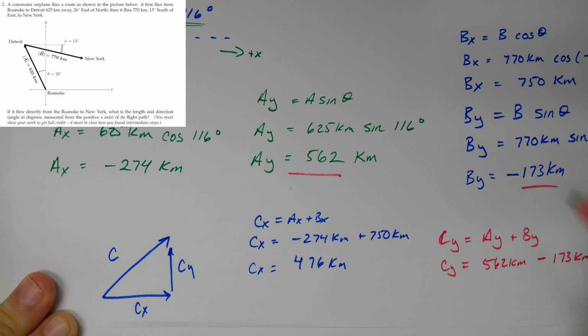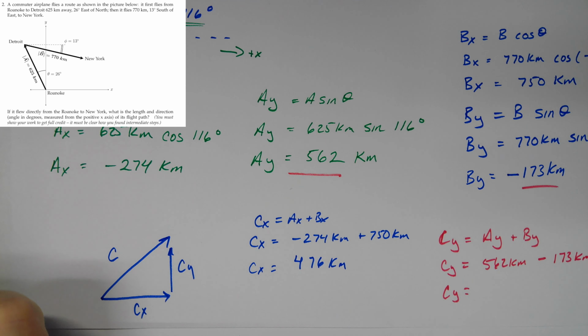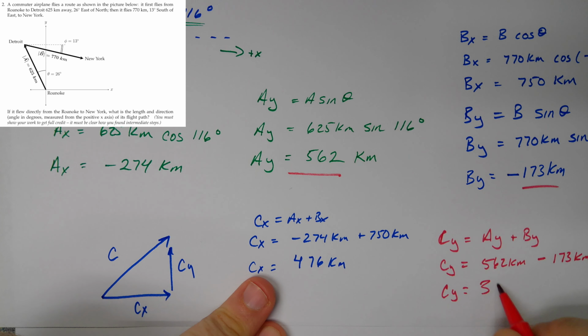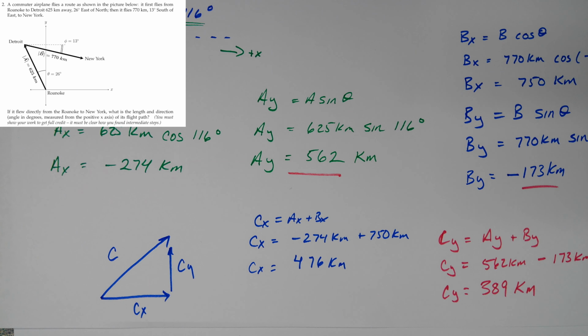We're adding the negative 173. So we do 562 minus 173, and we get 389 kilometers. So that's our two components. Those are the things that we're going to get length and direction for.